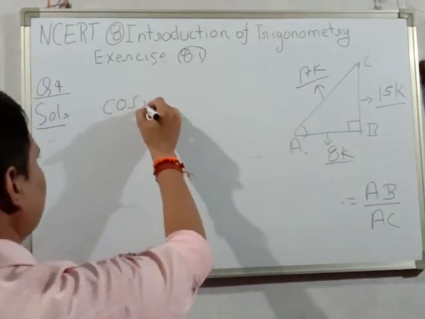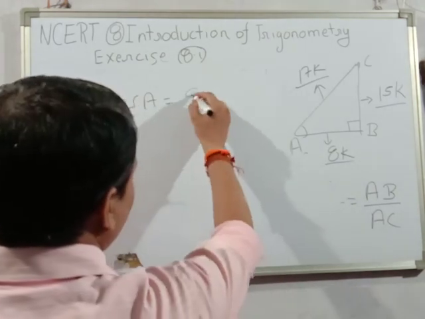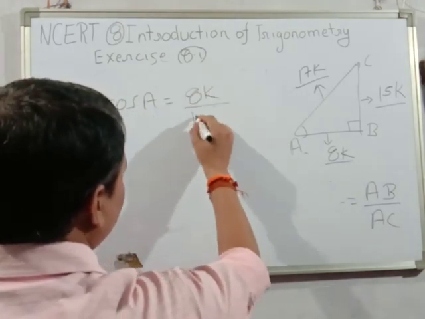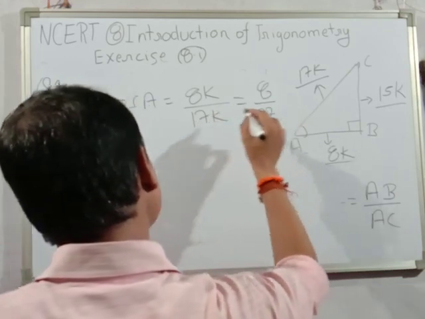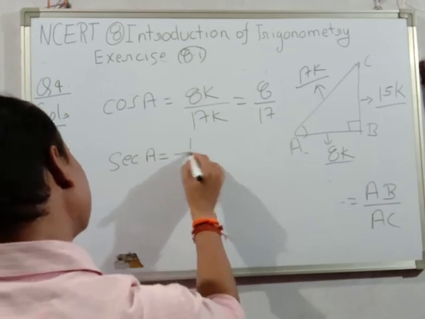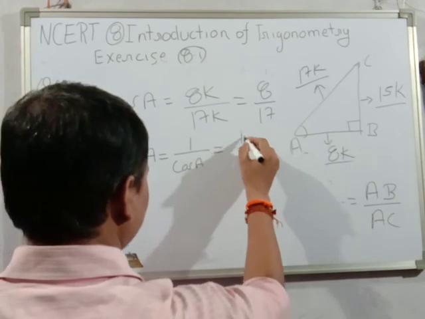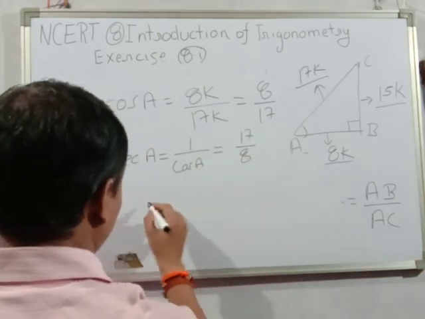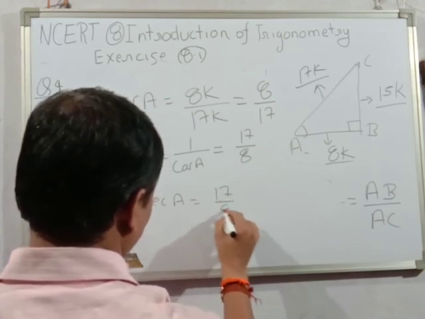So cos A, AB is 8k upon 17k, that is 8 upon 17. Sec A is 1 by cos A, the reciprocal of cos A, that is 17 upon 8. The answer, sec A is equal to 17 upon 8.